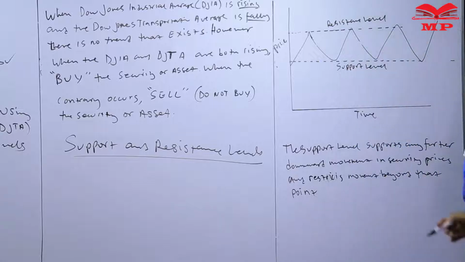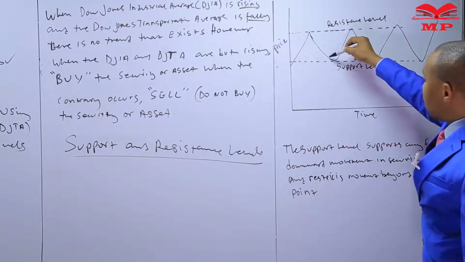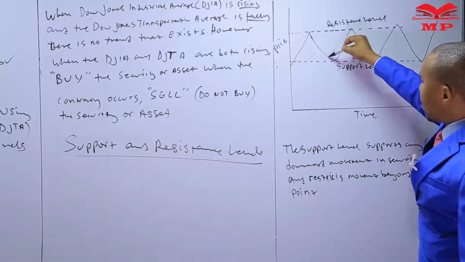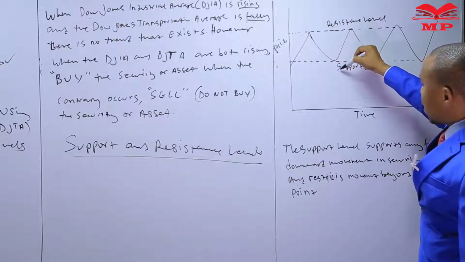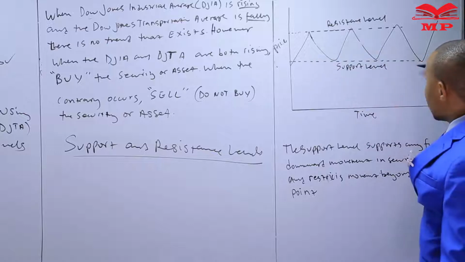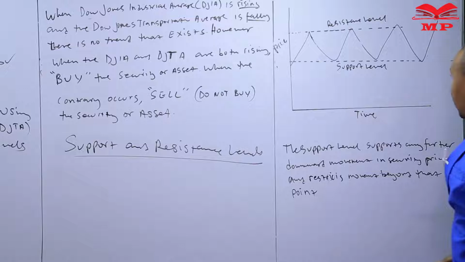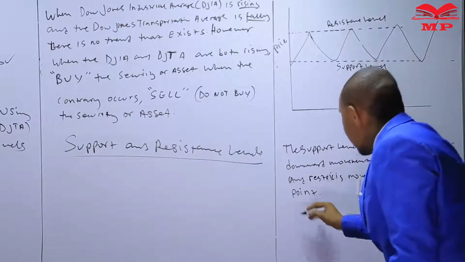There, restricts movement. So we're saying the support level exerts some downward pressure, it tries to prevent further downward movement in security prices, and that is what we're saying is the support level. The resistance level is the opposite of this.